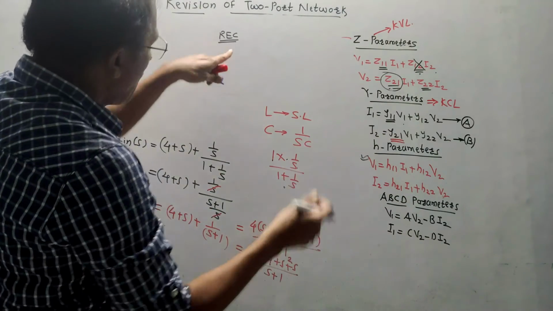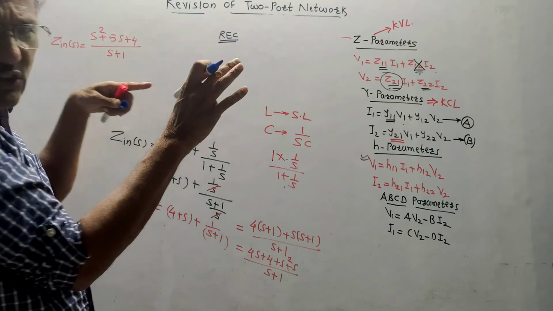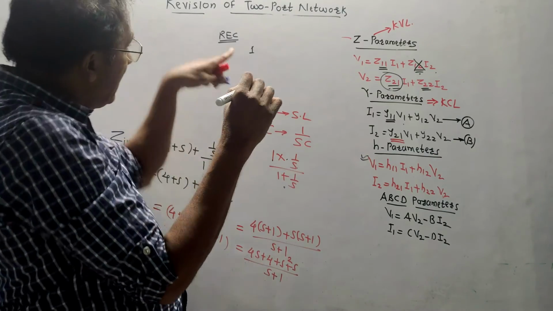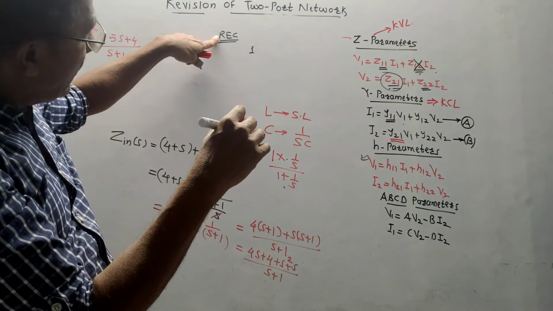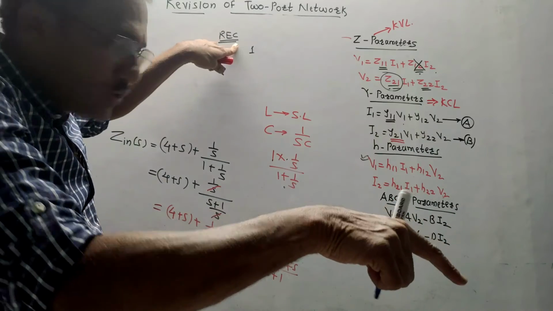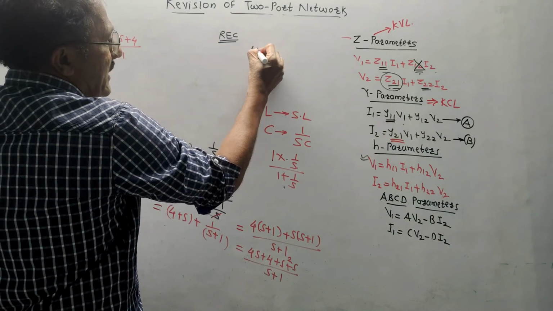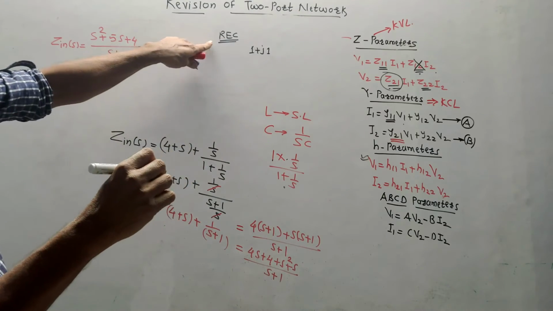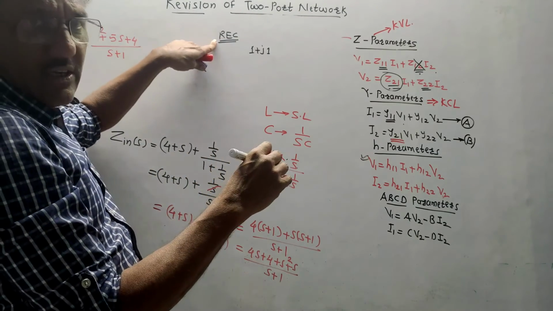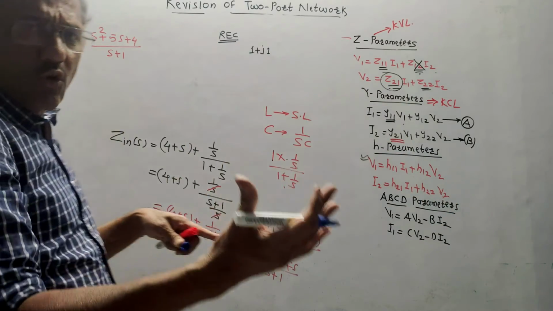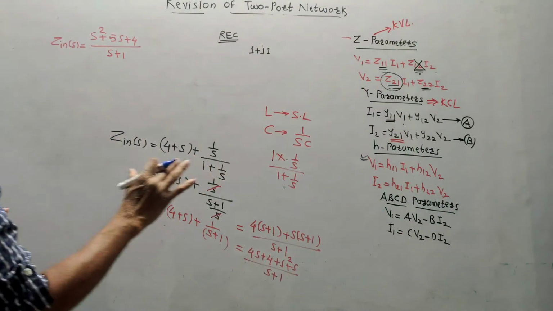For example, if you enter all the values and press equals, you get answer 1. If on the top right corner you are seeing the symbol REC, then press equals again, so you will get the value of J. Let us say the answer is 1 plus J1. But keep in mind, watch this notation. For newer versions, when the roots are complex, you directly get the answer in complex mode.